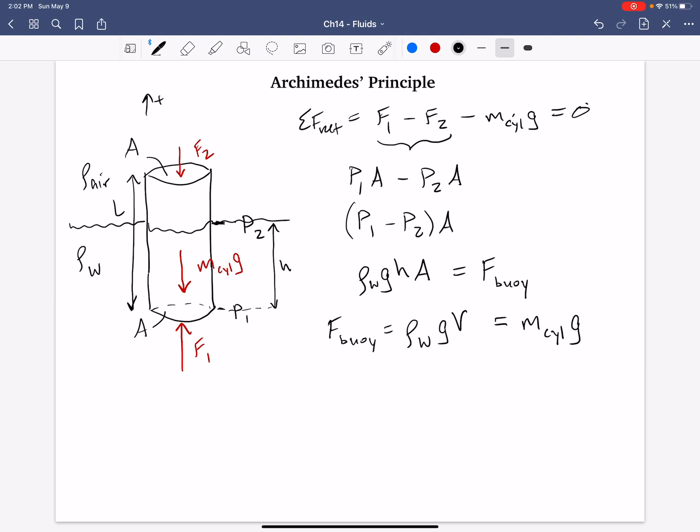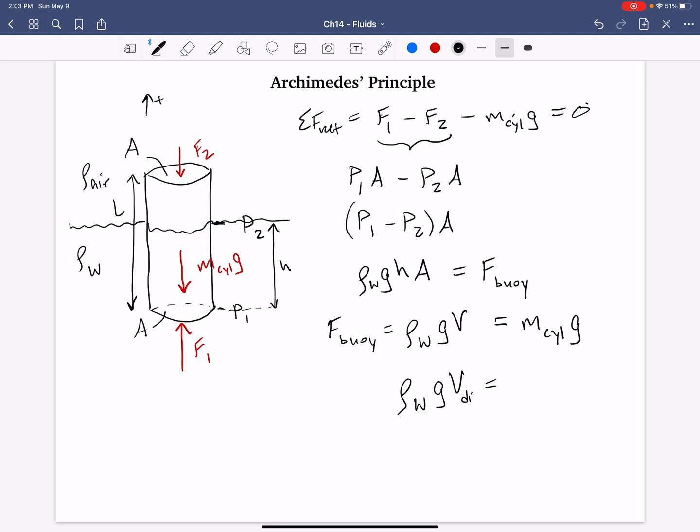Okay, so we can write this as rho g V displaced, and if you want, we can write this in terms of rho V as well.